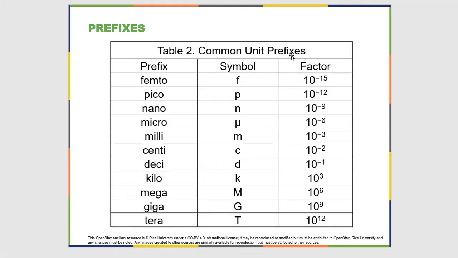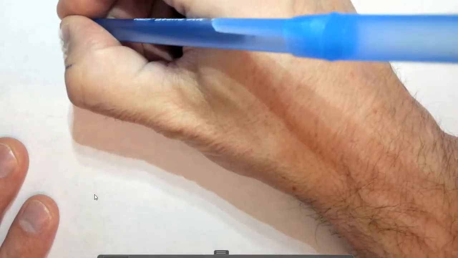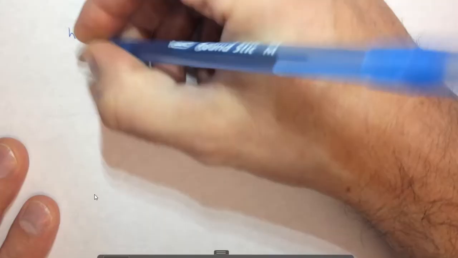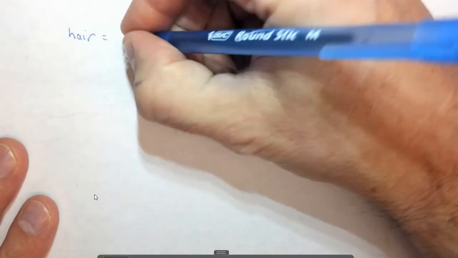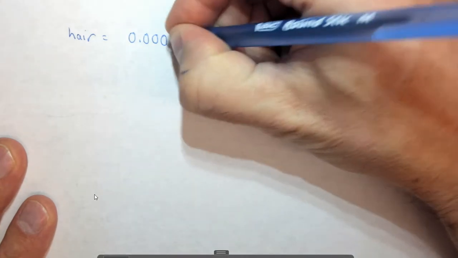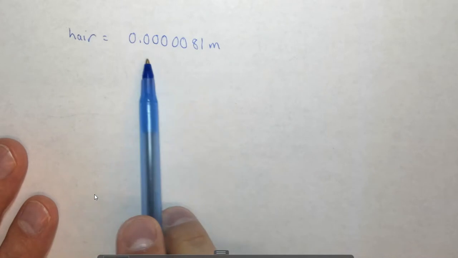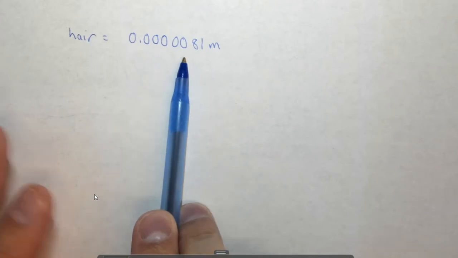When you have units of measurement, one thing that you have to be concerned about is sometimes you have very, very small and very, very large measurements. So let's say that you have a human hair, and the diameter is 0.0000081 meters. So this is the diameter of a hair.